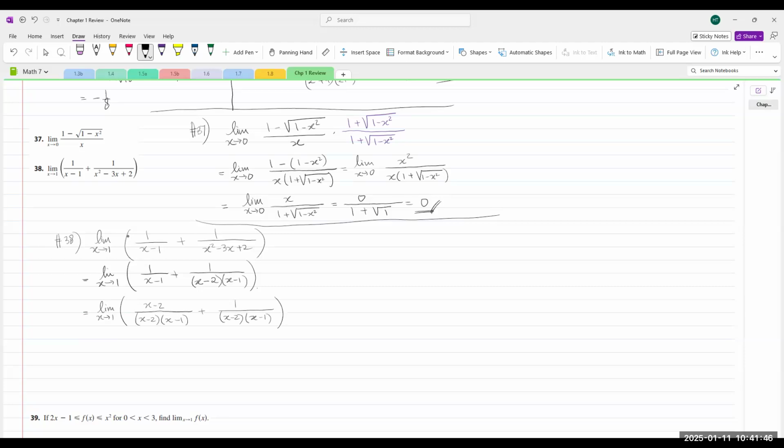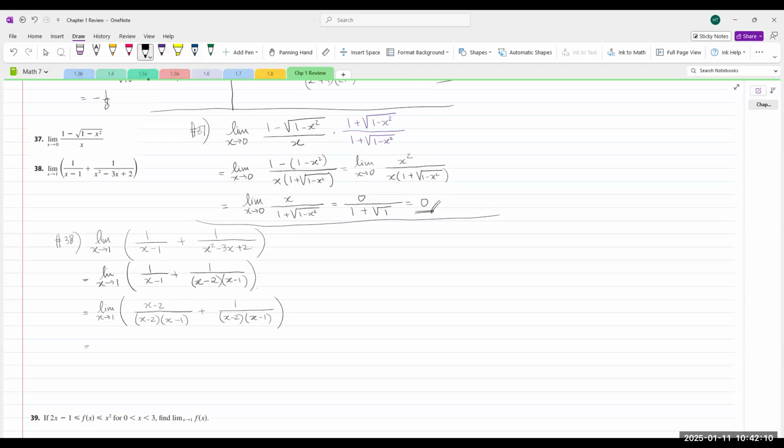Okay, let me slow down a little bit. What I did, simply multiply the top and the bottom by x minus 2 for the first fraction. The reason is because the LCD of this expression is (x minus 2)(x minus 1), right? Okay, so I get the LCD, so I need to adjust the numerator.